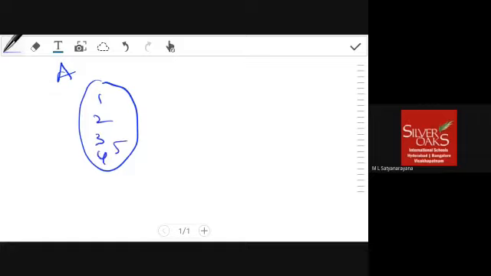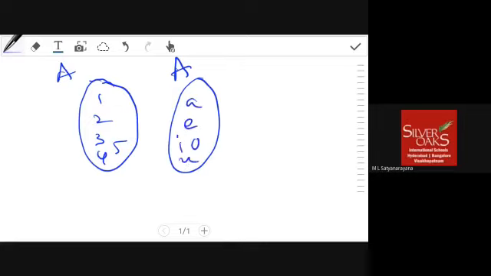This is a set. We call the oval representation a Venn diagram, and you put the set A here. It can be anything. Suppose you take vowels, it will be A, E, I, O, U. This is the set.